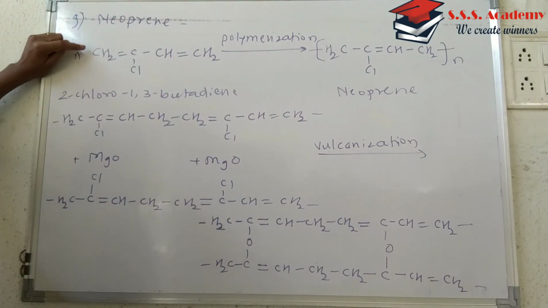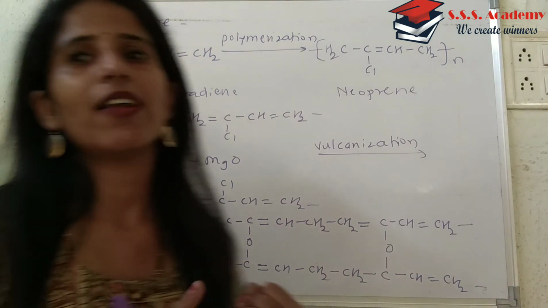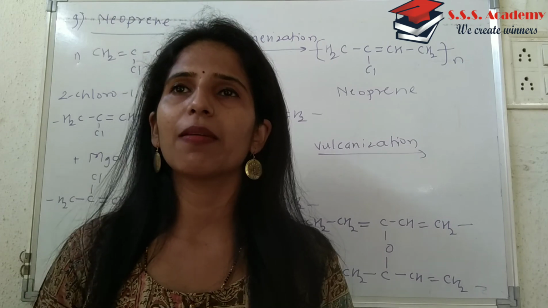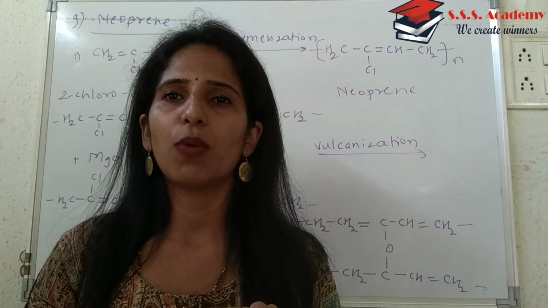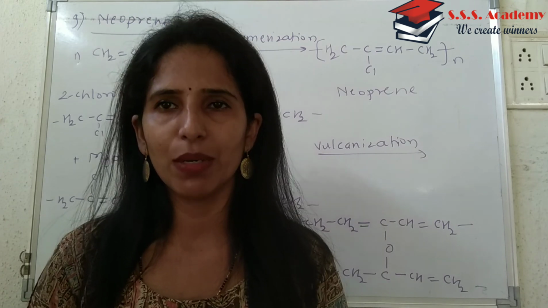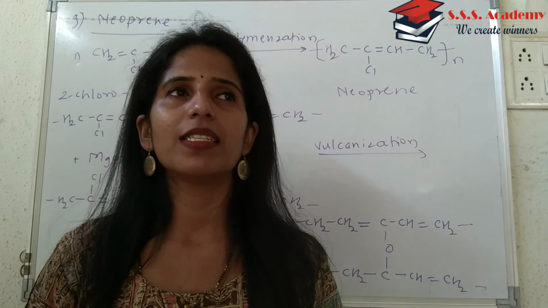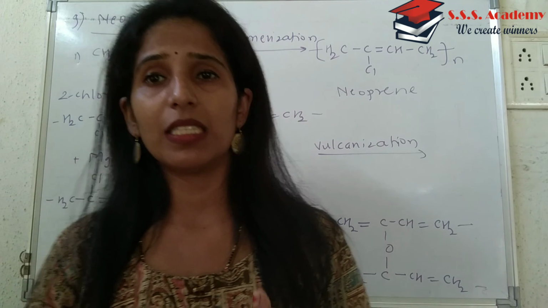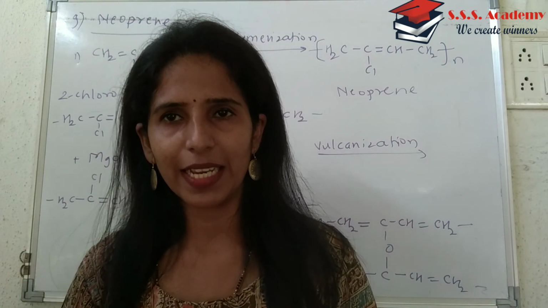See, this is neoprene formation. So you will write the title as neoprene. In that, first write down it is a condensation polymer. It is a synthetic polymer, basically synthetic rubber, and it is a condensation polymer of 2-chloro-1,3-butadiene, that is chloroprene. Then second, write down it is resistant towards, especially, petroleum and vegetable oils, then light as well as heat.